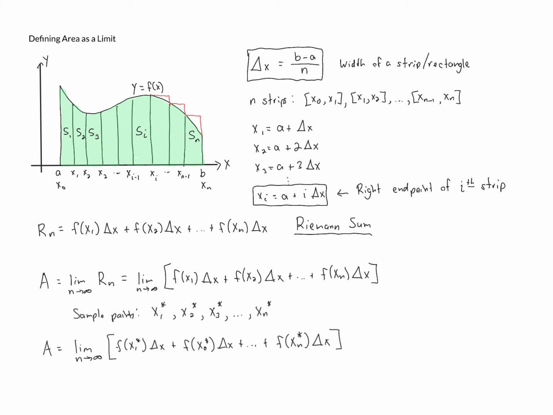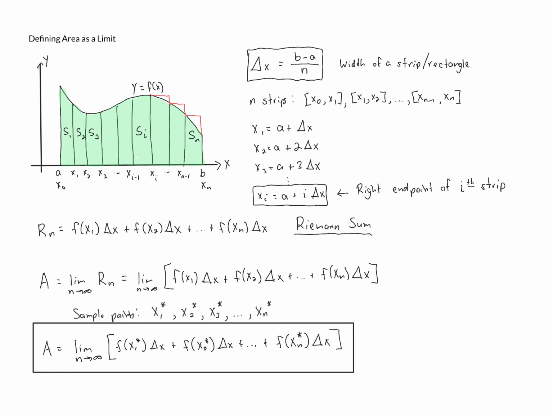This is a more general version of the definition, instead of just picking the right endpoints, because those might not be the most convenient points to pick. There might be other points that are more convenient to pick. And so, more generally, the area underneath a curve is defined as this limit where we can pick any sample point to evaluate the function to give us the height of the rectangle for each interval.